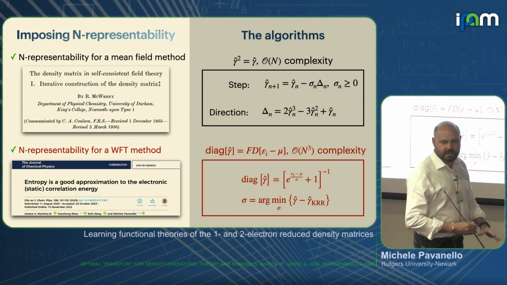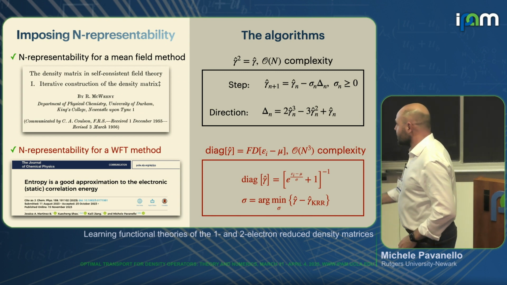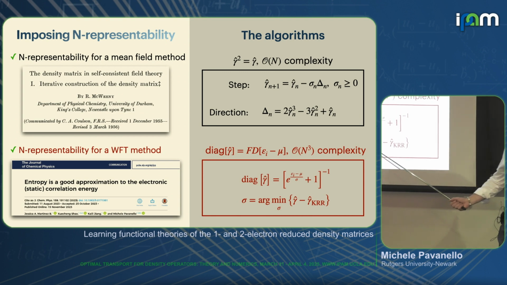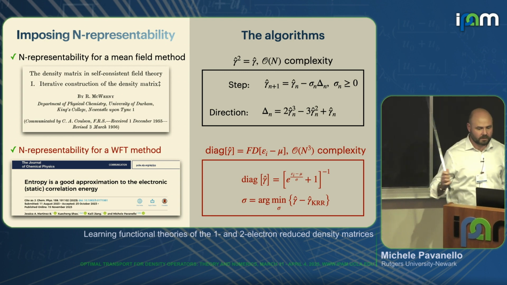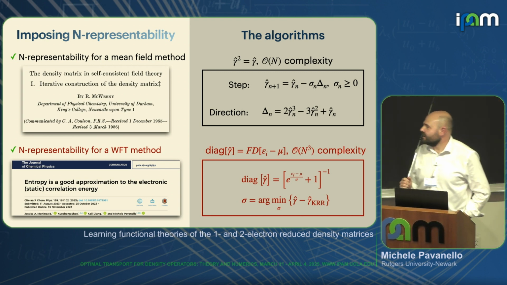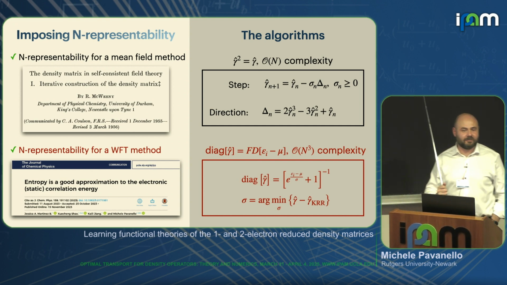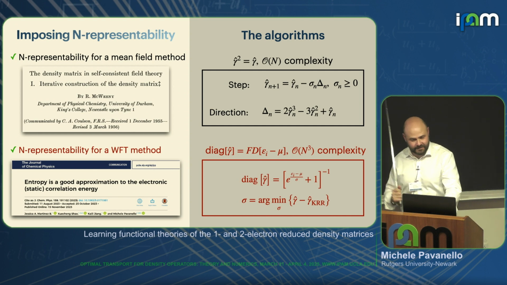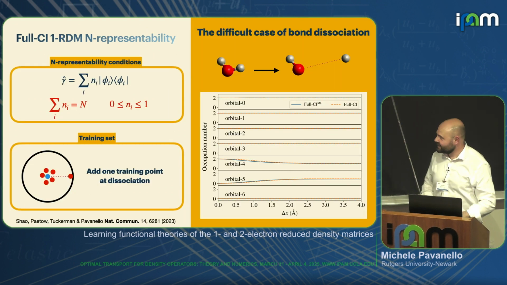And I'm talking about ground states of molecules. So we just use the Fermi-Dirac distribution to purify our 1-RDM occupations. Surprisingly accurate method, and I wish I knew why. But that's what it is. Maybe you can tell me why.